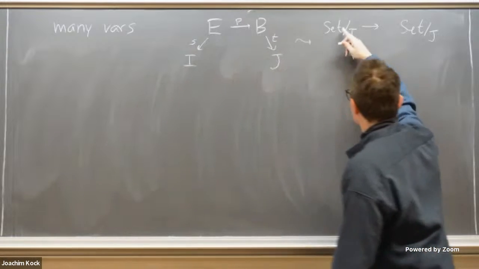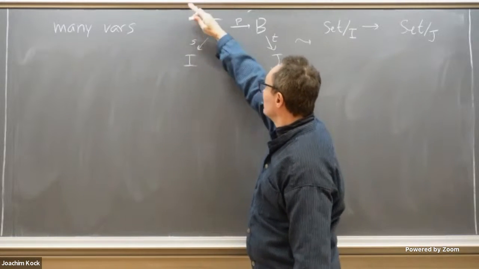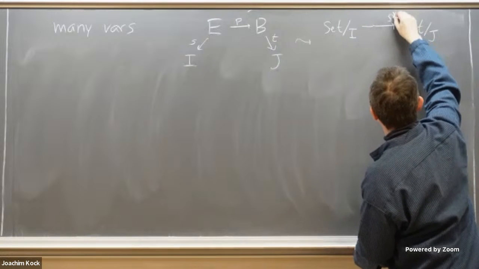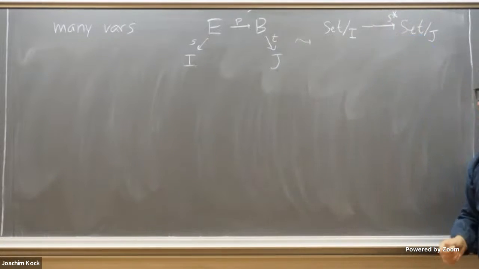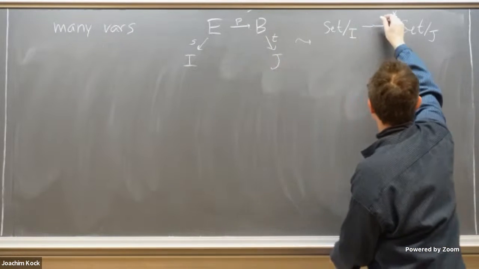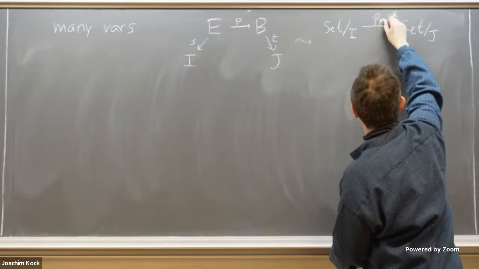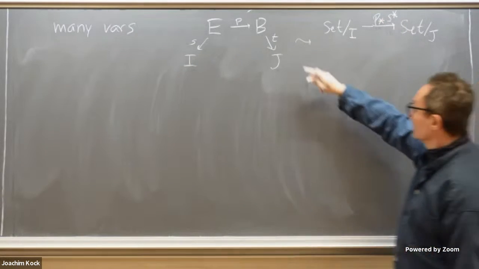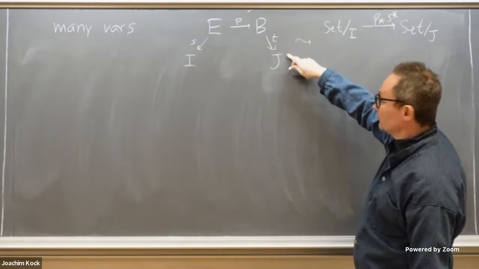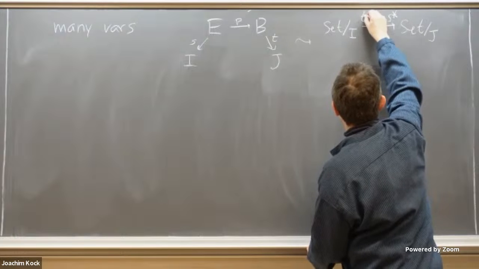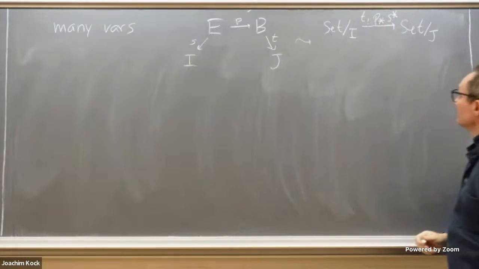First, you have something over I. First you pull it back to E. So that means you say S over star. Then you use the right adjoint to pull back here, which is a kind of multiplication. That's P lower star. And finally, you use the left adjoint to pull back here. That's a kind of sum operation, and it's denoted T lower shriek.